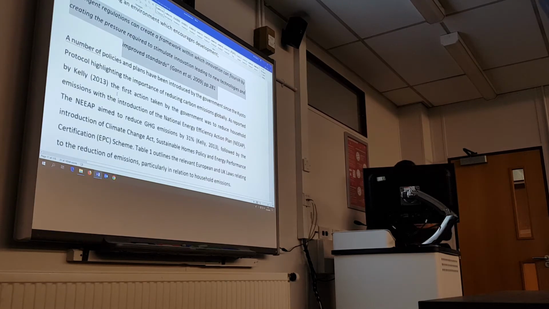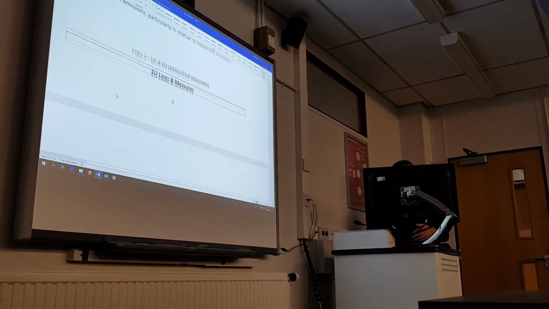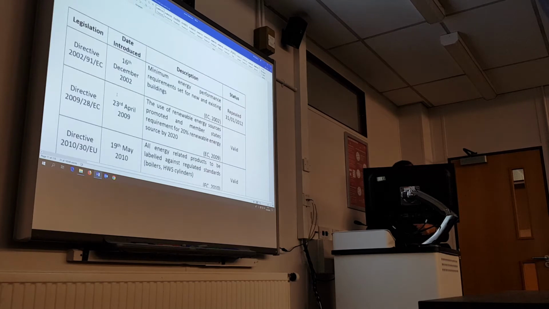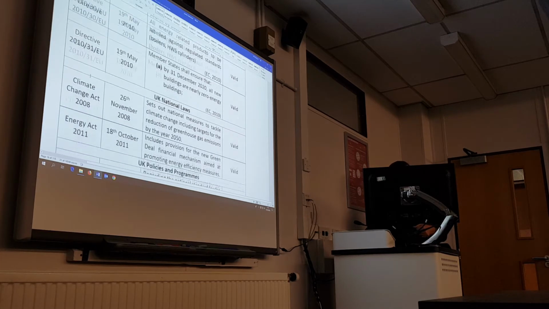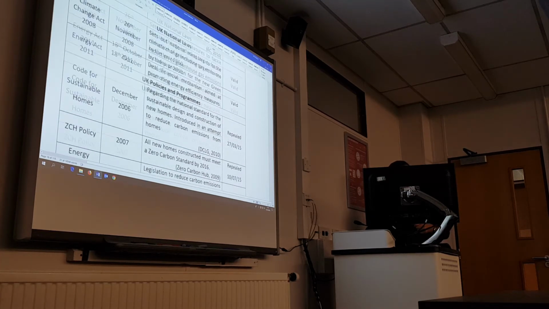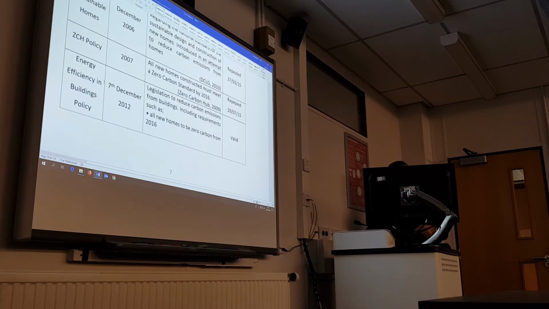Carry on. Critical analysis, talk about EPC, talk about laws and measures, directives, all these are in place in relation to homes. Talking about notional homes, sustainable homes, zero carbon homes, these ZCH, energy efficiency, all these are like documentation.